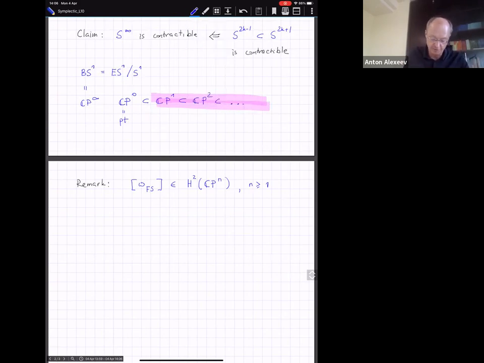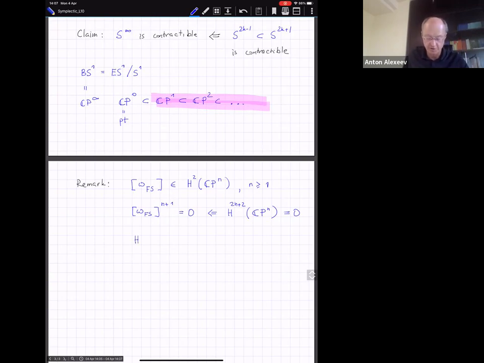In CPn, because of dimensional reasons, the (n+1)-st power of omega_FS is 0. If you take the (2n+2)-graded component of the cohomology of CPn, it is simply 0.